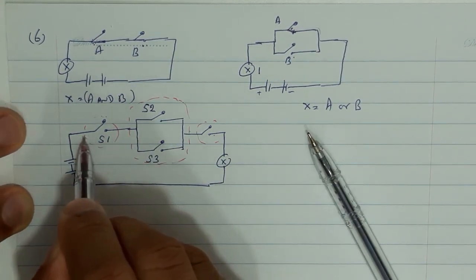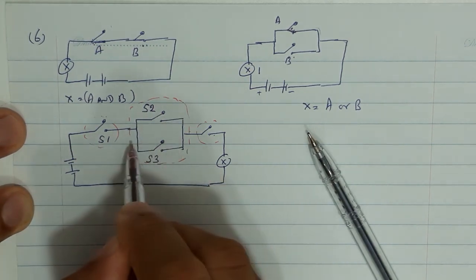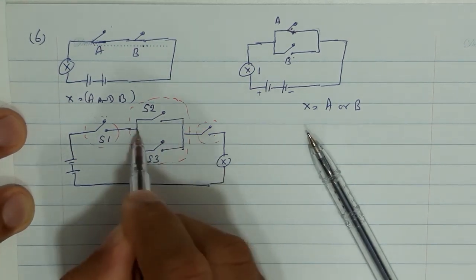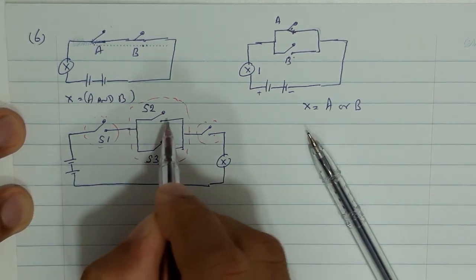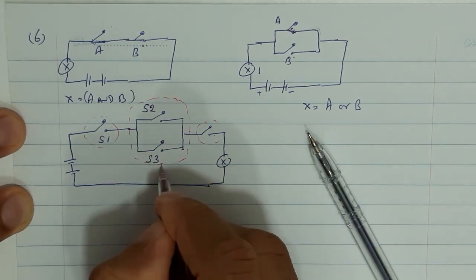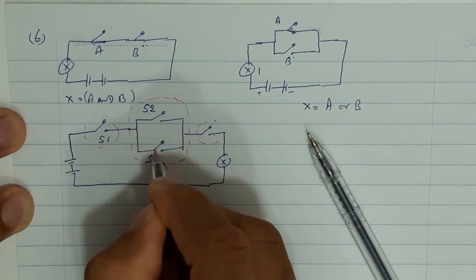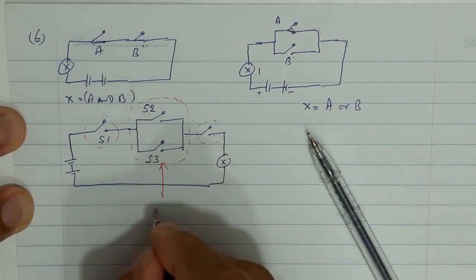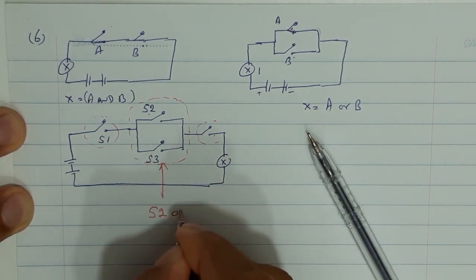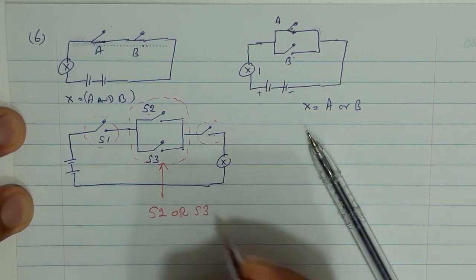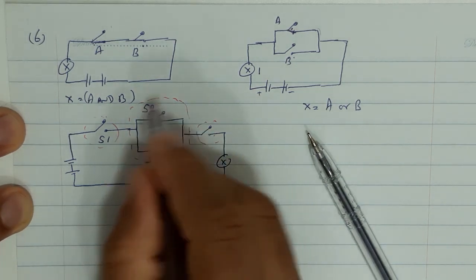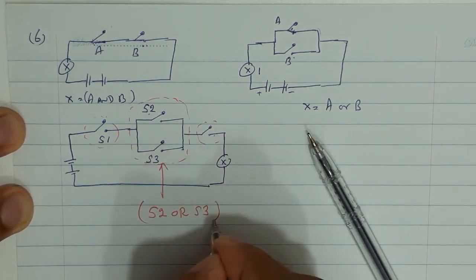Then I can assume it is AND of this, this and this. Then all three should be ANDed. But if you consider the middle part, either of S2 or S3 has to be turned on. That means that's OR. Then I can make it S2 OR S3. Then this full part is completed.